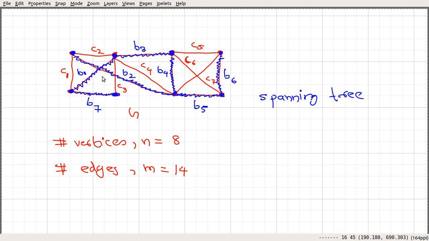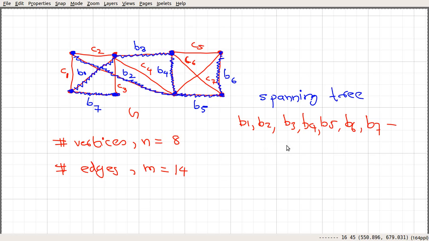Here we can see these edges B1, B2, B3, B4, B5, B6, B7.